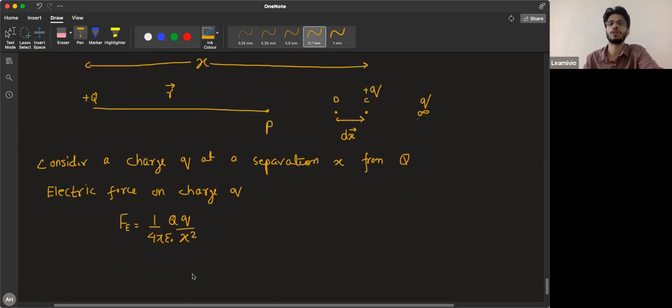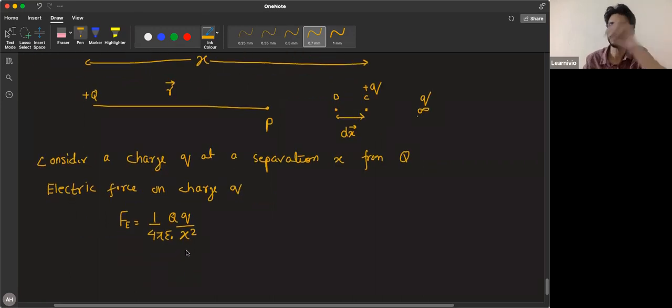This is the electric force on charge q, 1 over 4 pi epsilon naught, Qq by x squared. This electric force will act in this direction.